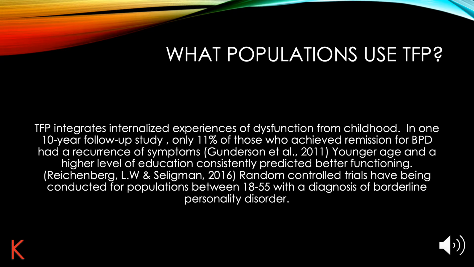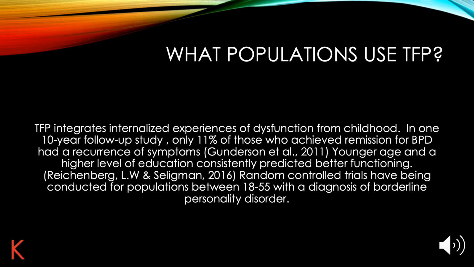Some of the populations that use TFP are the following. First of all, TFP integrates internalized experiences of dysfunction from childhood. In one 10-year follow up study, only 11% of those who achieved remission for BPD had a recurrence of symptoms.